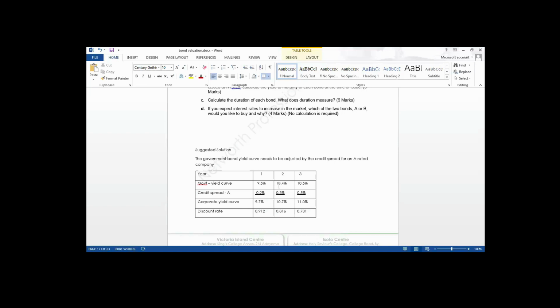If you are expecting interest rate to rise in the market, should the company invest in bond A or bond B? Why? Let us explain this.